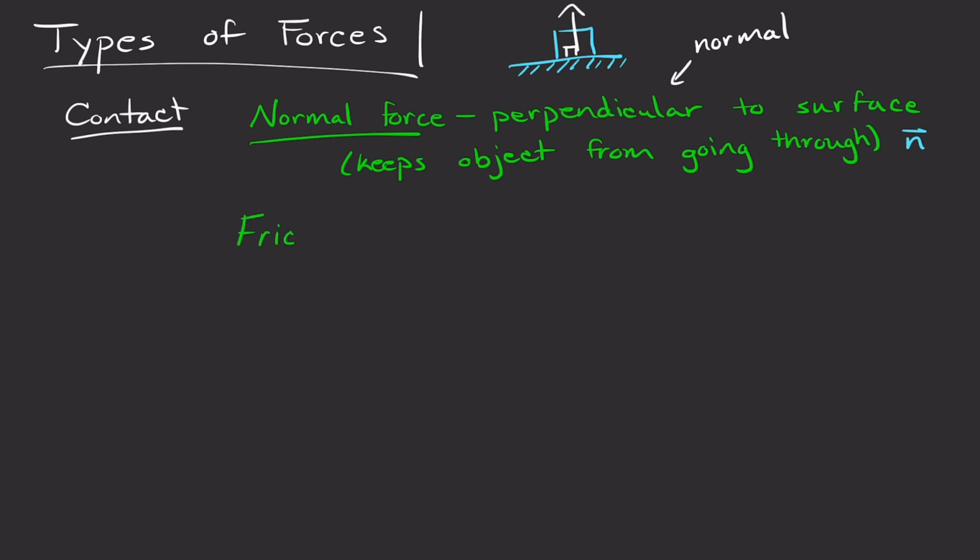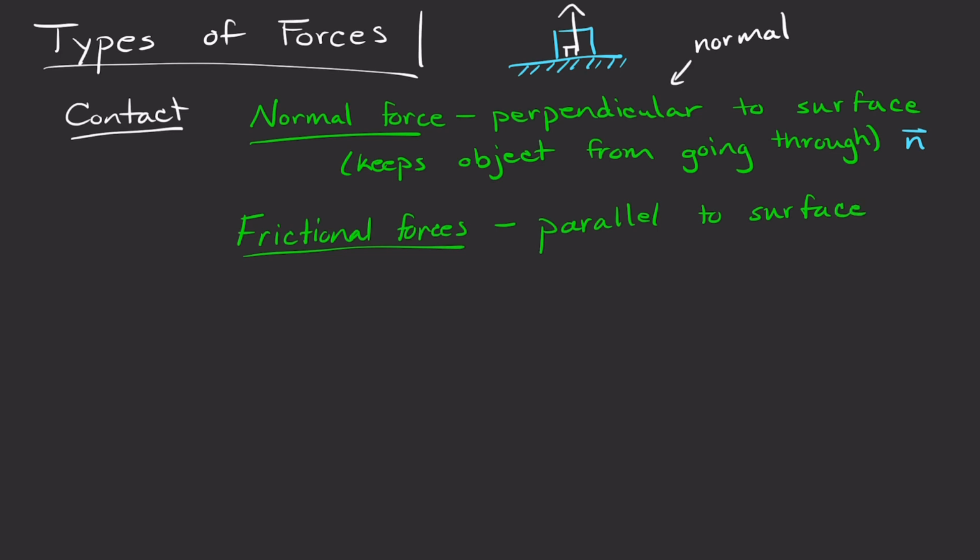Then there are frictional forces. Okay, and we'll talk about different kinds of friction forces, but these are also when you have contact with a surface, but these are parallel. These are always parallel to a surface.